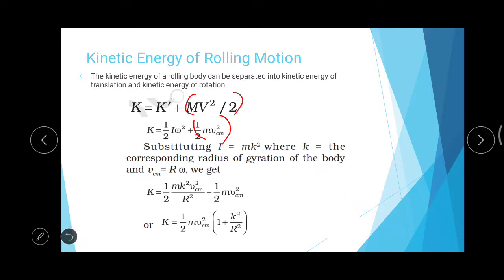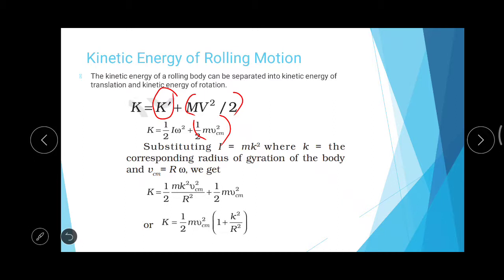And here K dash is representing the kinetic energy of the rotational motion. Already we have discussed the comparison of linear velocity and linear energy with the rotational kinetic energy, and we have seen that the analog of mass in the case of rotational motion is inertia, and velocity is omega.